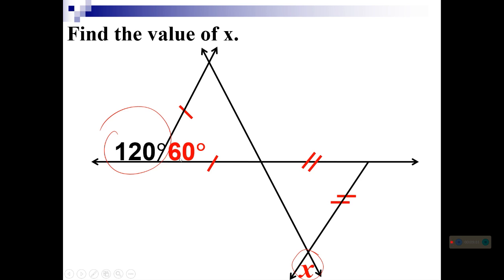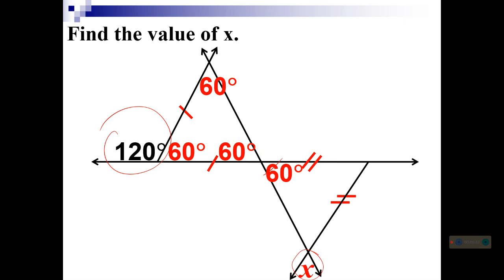Since we have here the vertex angle, we are going to find the base angle. So we have here 60 and then we also have here 60. Since they are vertical angles also with this angle, therefore this is also 60 degrees.